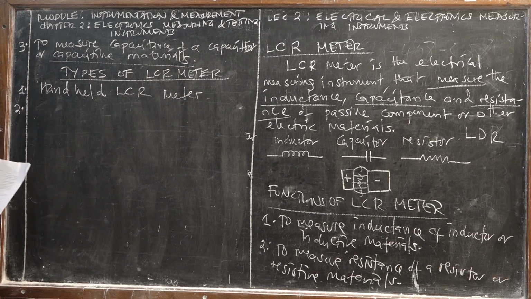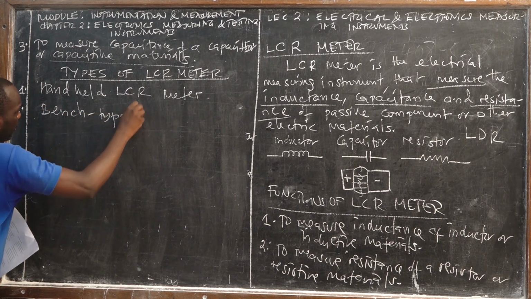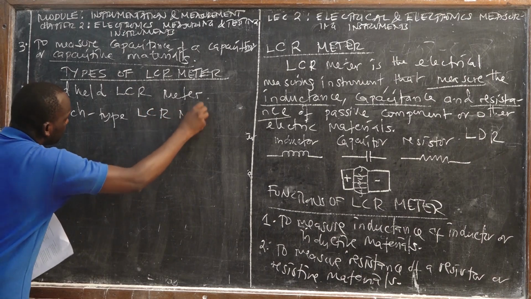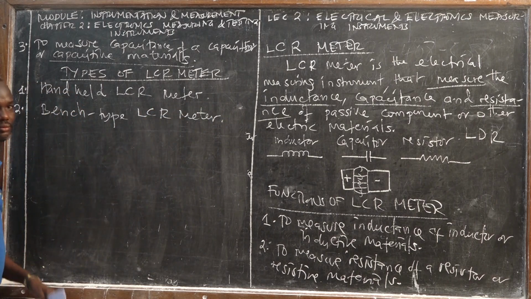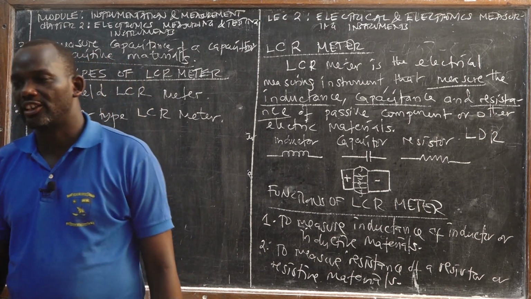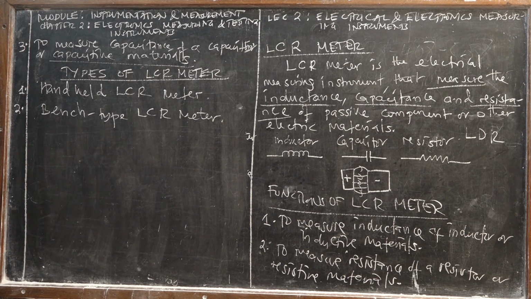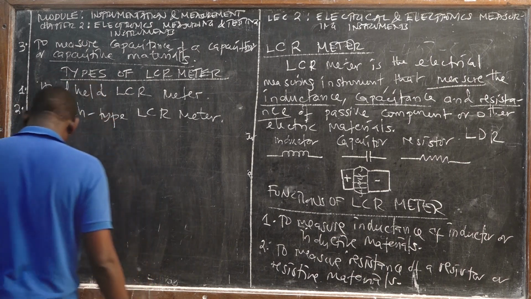And the second one is called the bench type LCR meter. So you have the handheld LCR meter that you can carry, and also you have what? Bench type LCR meter. Are we together?